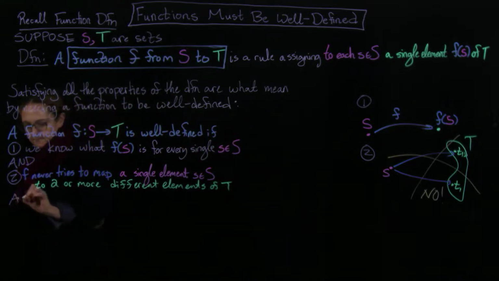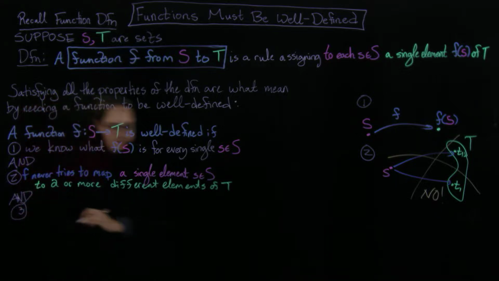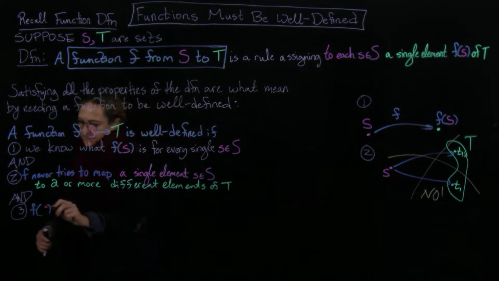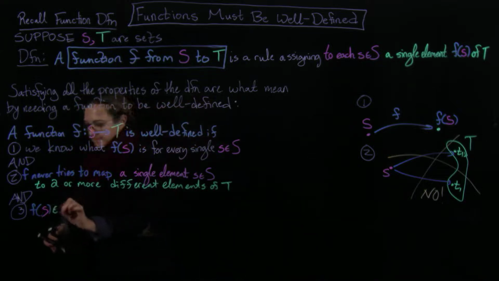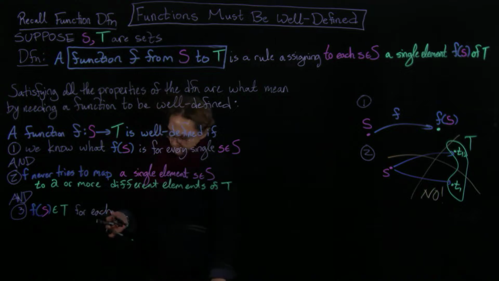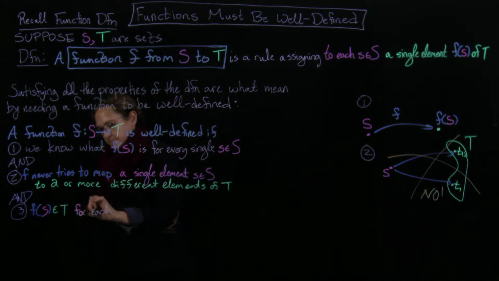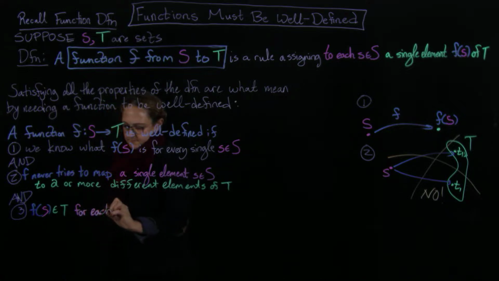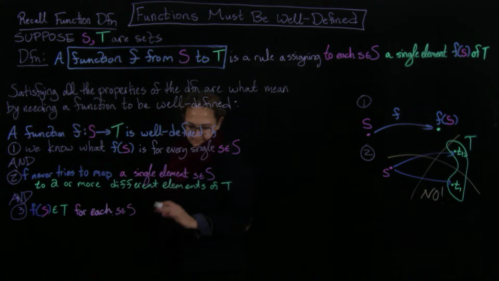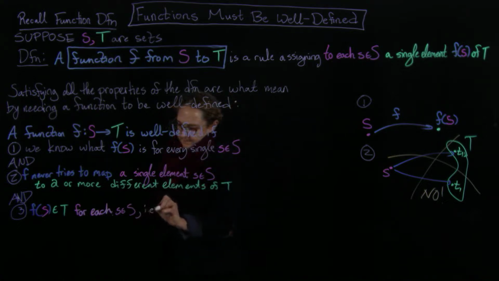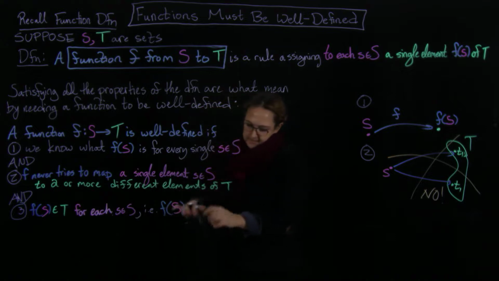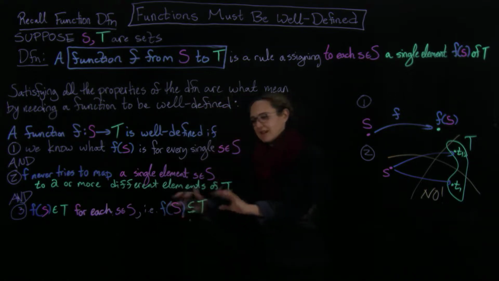And okay, we have that we always have that our value f of s is going to end up inside of T for each s in S, i.e. that this notation where I apply f to the entire set, so I get the range, is actually contained within the codomain. Okay, so the range is contained within the codomain.